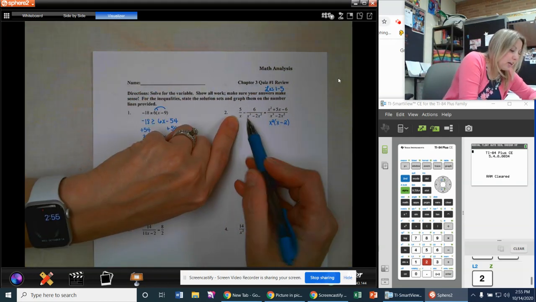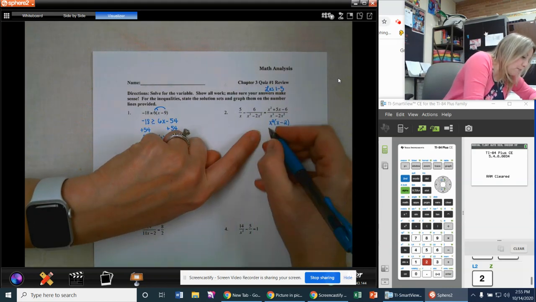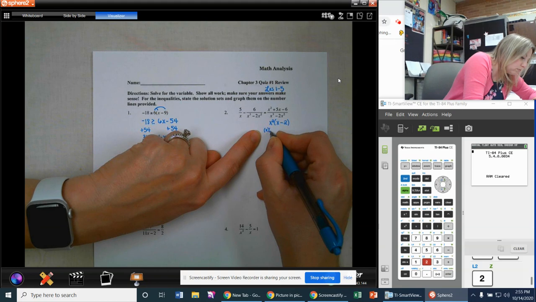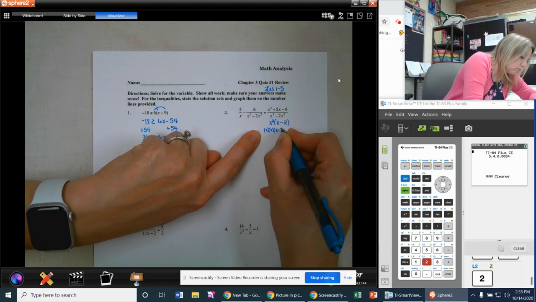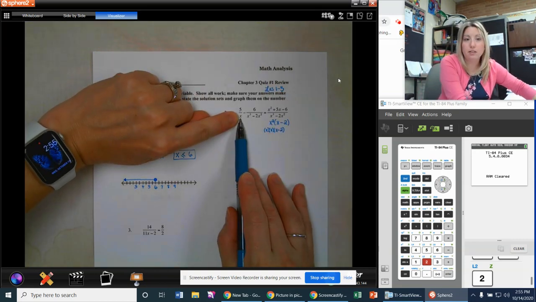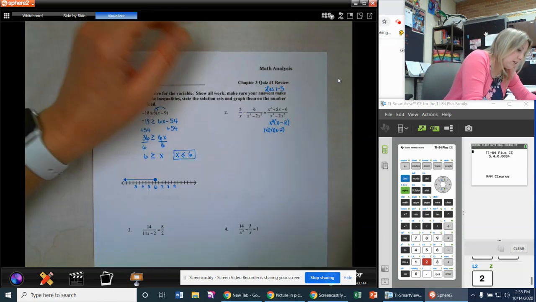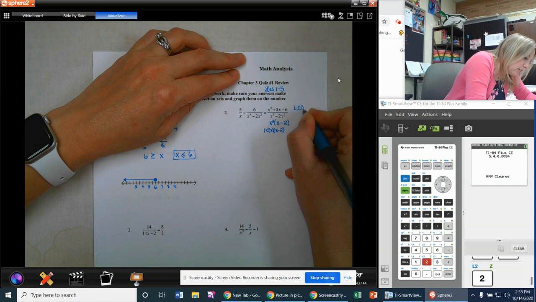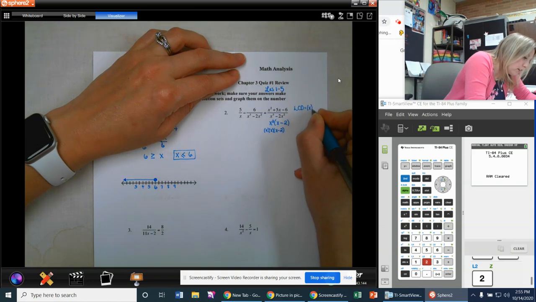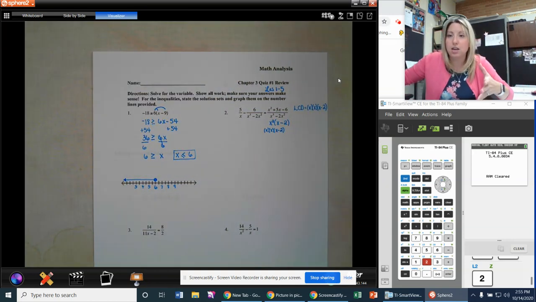So if I think, okay, x squared is x times x, I've made that x squared into x times x, I can very easily multiply to get this as one of the denominators. So my LCD is going to be this whole thing, x times x minus 2. And I'm going to keep it factored that way so that it'll be easy to cancel.